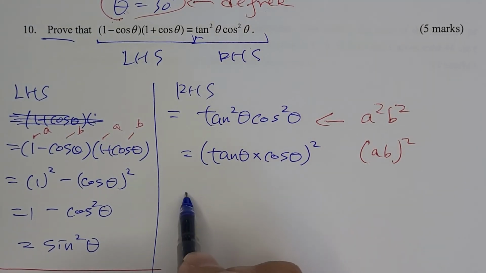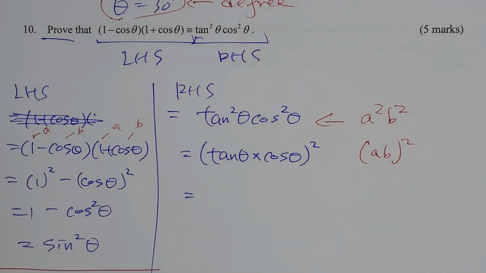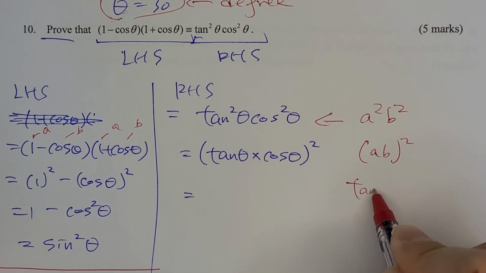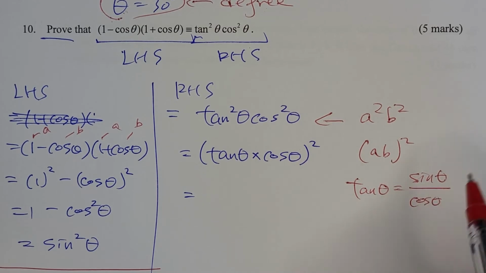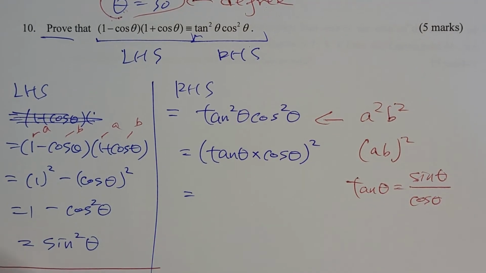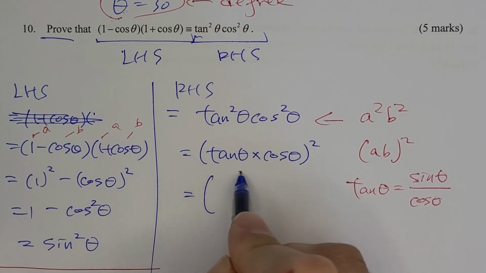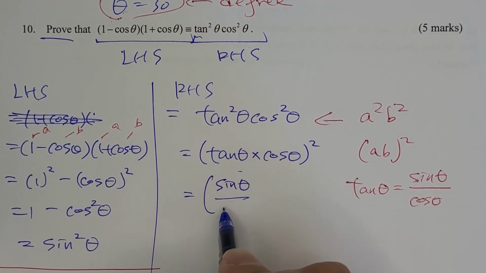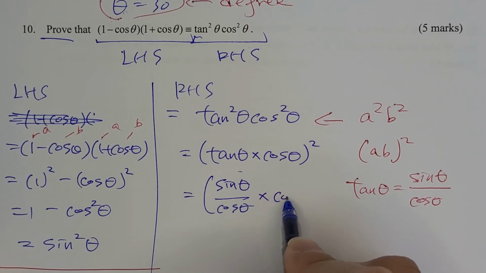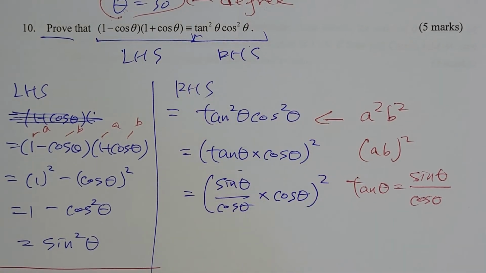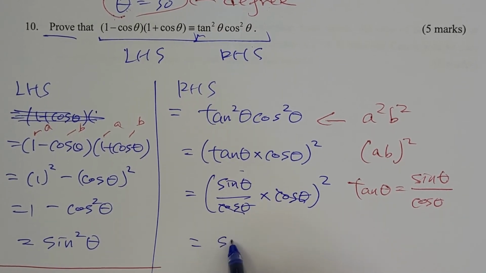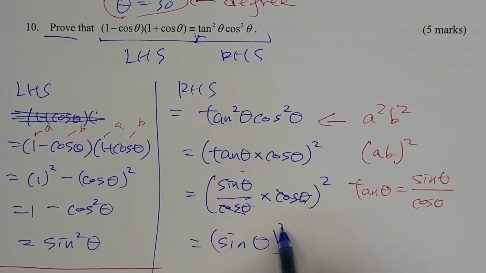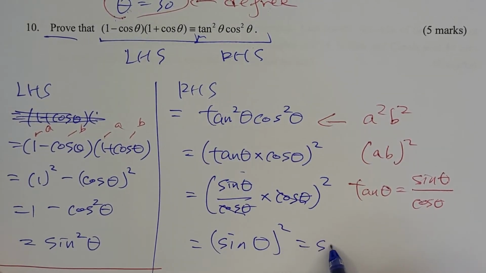And then tangent theta can be simplified as sine theta over cosine theta. So you change this into sine theta over cosine theta times another cosine theta, with a bracket squared here. You can cancel the factor cosine theta, then you are left with sine theta bracket squared, and of course this is sine squared theta.